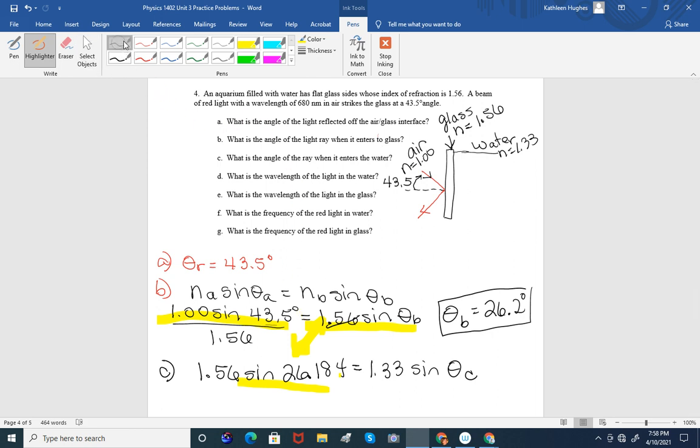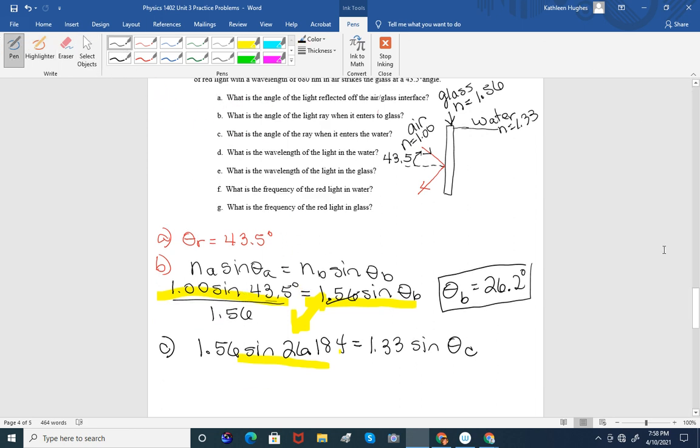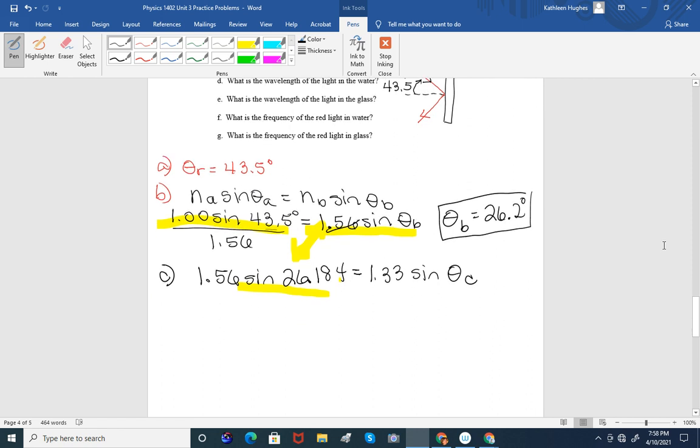All right, so we solved that. Again, we just have to use an inverse sine, so I have 1.56 sine, I'm going to use my previous answer in my calculator, divided by 1.33, and then I take the sine inverse of that, and I get 31.2.